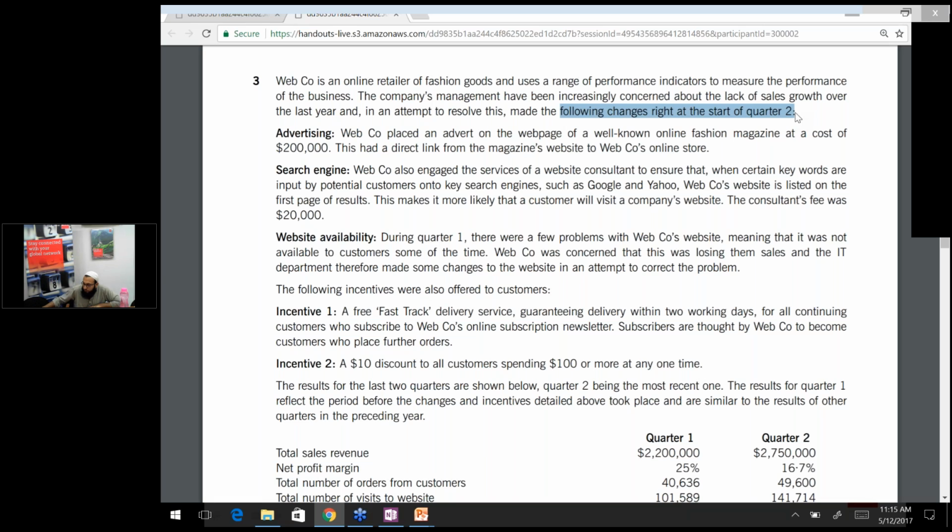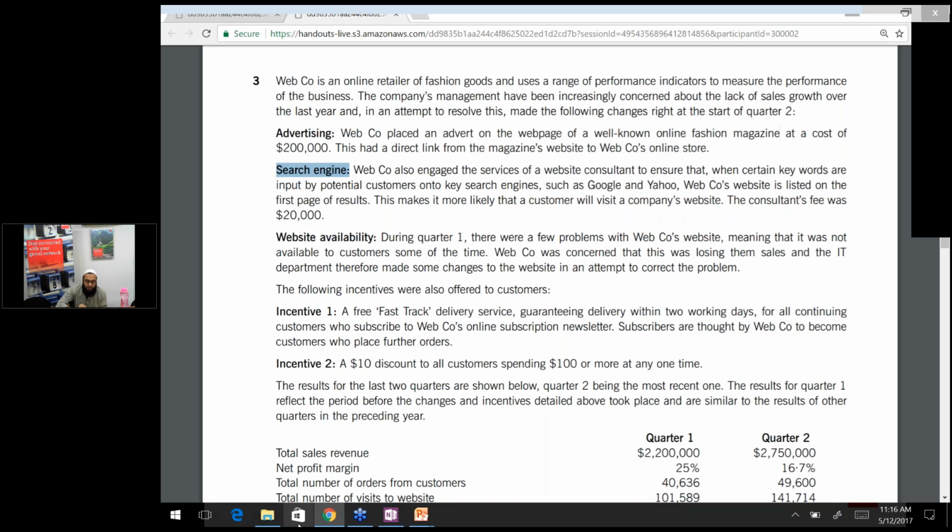Any problem? Okay. So the changes that it made at the start of quarter 2 were given below. It incurred 200,000 on advertisement, and the advertisement was placed on an online fashion magazine.